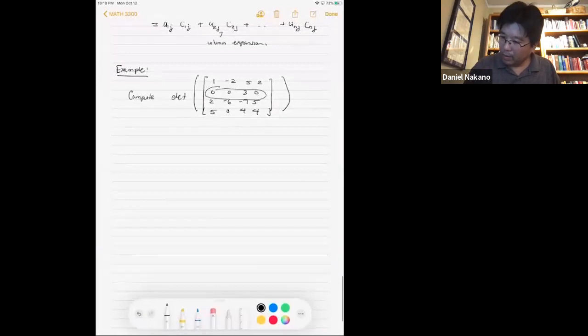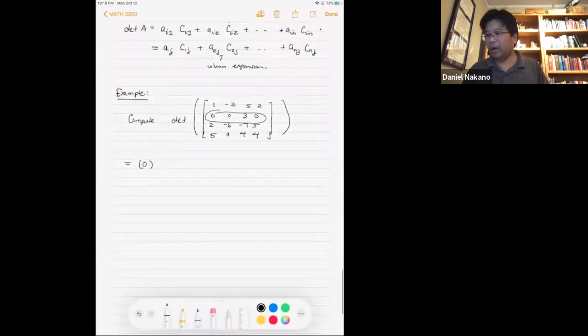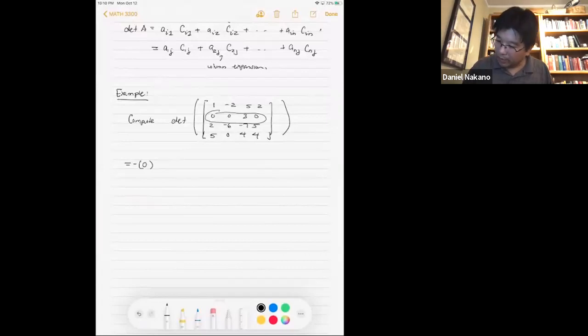So what's this going to be equal to? It's going to be 0. I'm going to put the signs in just to make sure. This entry is the 2-1 entry, so the sign is negative, because 2 plus 1 is 3 and it's odd.